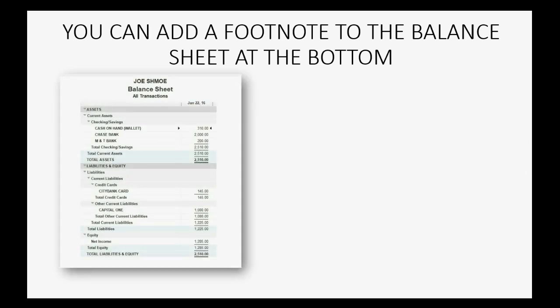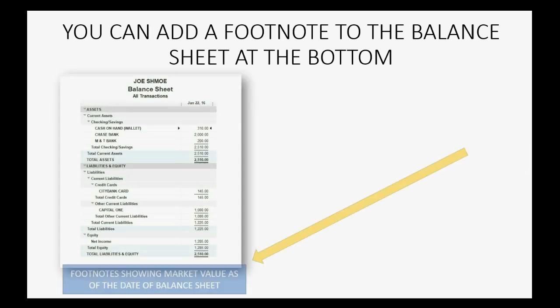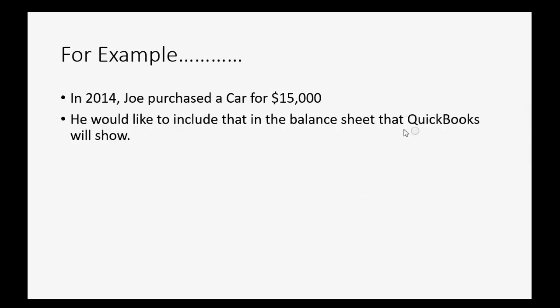The way to handle that is to simply put a footnote at the bottom of the balance sheet explaining what the real value is, or let's say the market value is, at the moment that you're displaying the balance sheet. And that's how we manage that when we report our financial information.